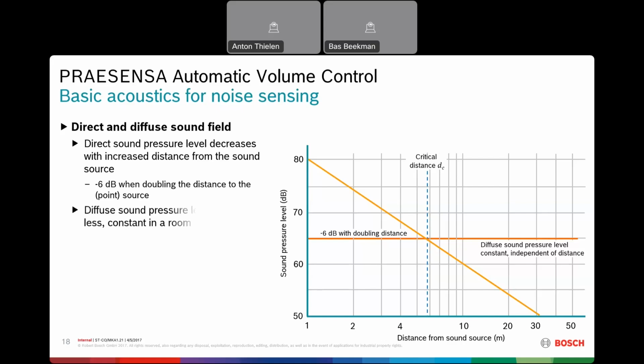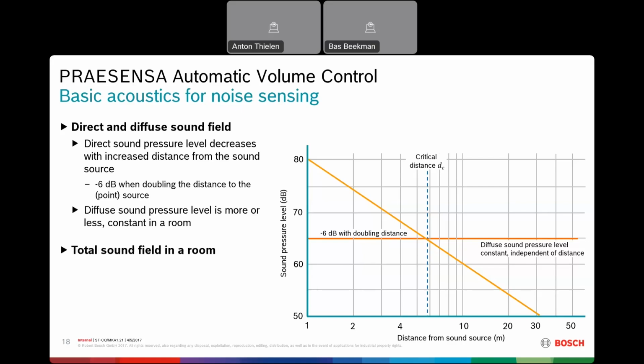But when you are in the diffuse sound field, the pressure is more or less constant, at a particular level. It doesn't decrease further. Because of all the reflections, it stays constant and independent of the distance.